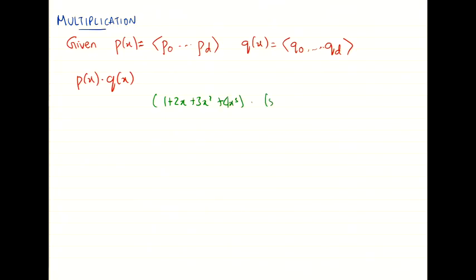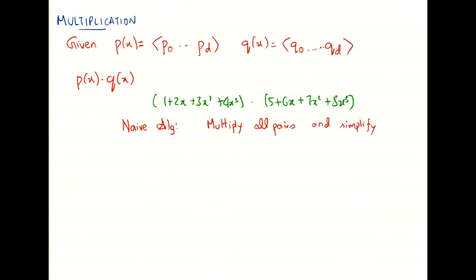Right, so if you want to multiply something like this, the most naive algorithm to do this would be to just multiply every pair of terms, right? So the naive algorithm is multiply all pairs and add and simplify.